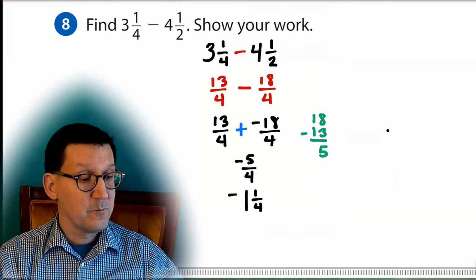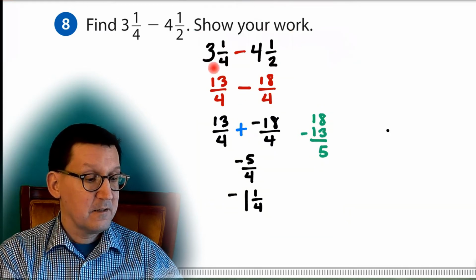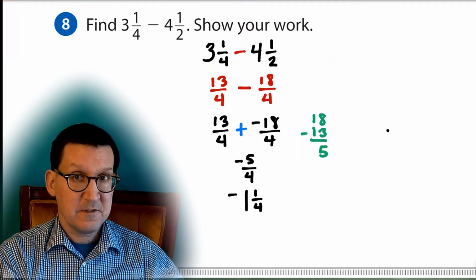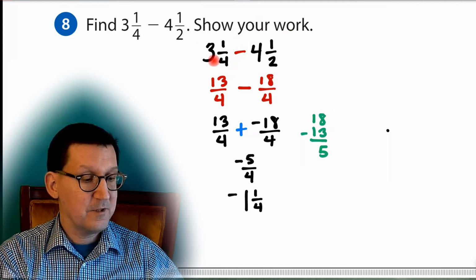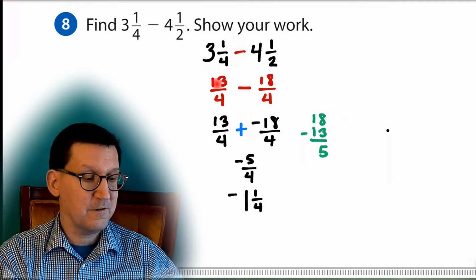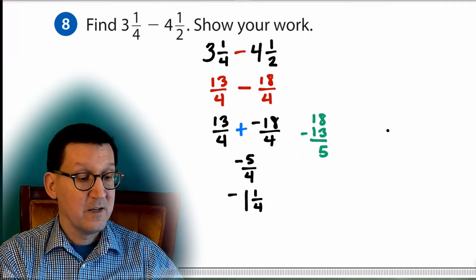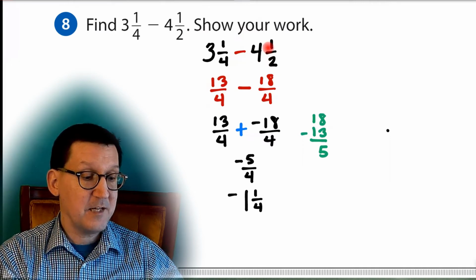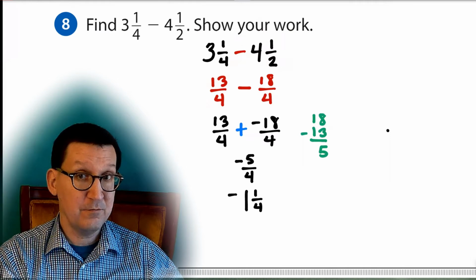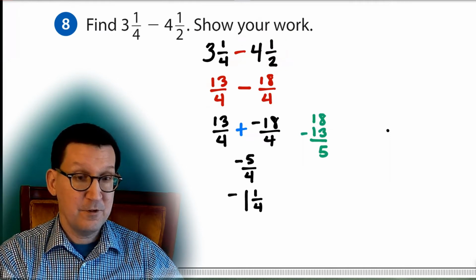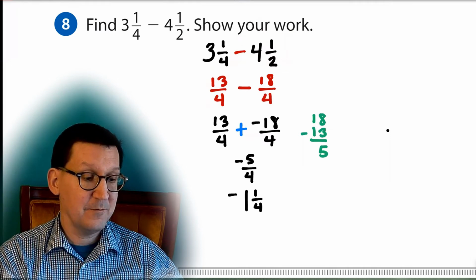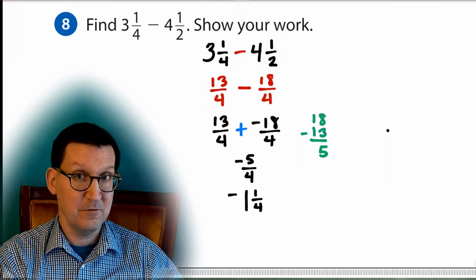And we can do that because 3 1/4 as a mixed number is 4 times 3 is 12, plus 1 is 13, that's 13/4. And 2 times 4 is 8, plus 1 is 9, that's 9/2. If it's 9/2, 2 times 2 is 4, 9 times 2 is 18. That gives us 18/4.